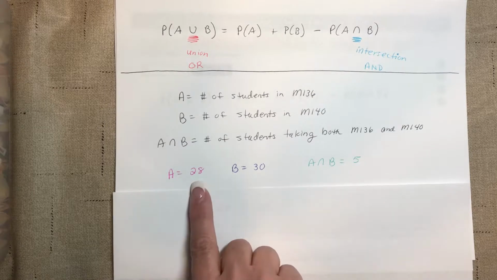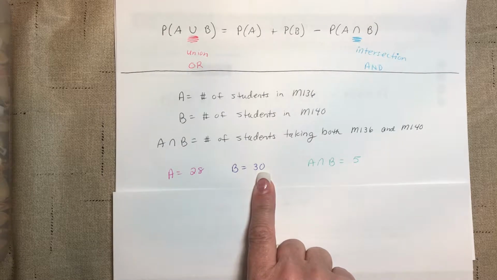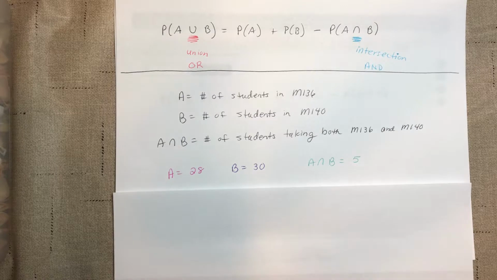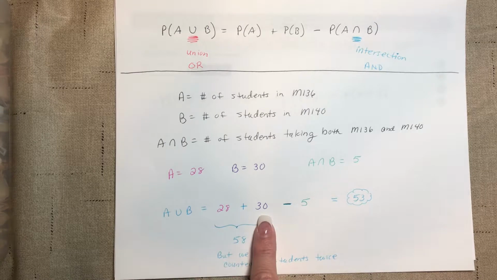So I threw in some numbers. I said, let's say I had 28 students in my 136 class and I had 30 students in my 140, and here are those 5 crazy people who took both classes at the same time. And so if I asked you to find the union of all of my students, I'd be like, well, I got 28 in 136 and I got 30 in 140. That's 58 students.